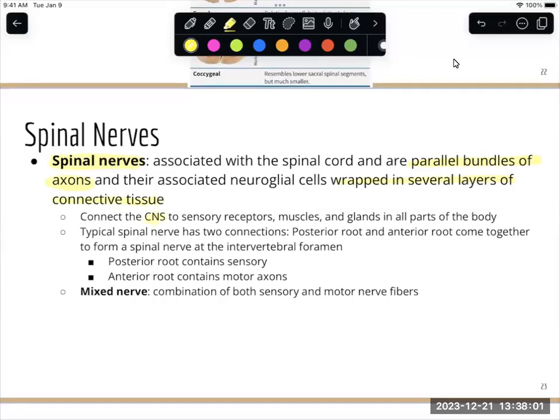They're going to connect to that central nervous system somehow. They have those posterior roots and those anterior roots that are going to come together and form that spinal nerve. Again, posterior carries sensory, anterior is motor. Spinal nerves are mixed nerves. It's a mixed nerve in that it carries both sensory and motor information in this same nerve.